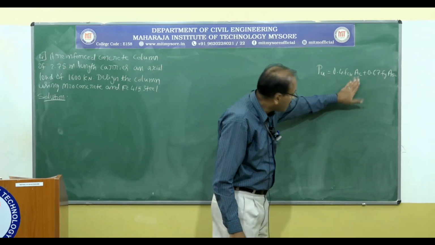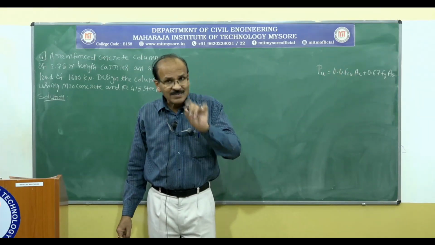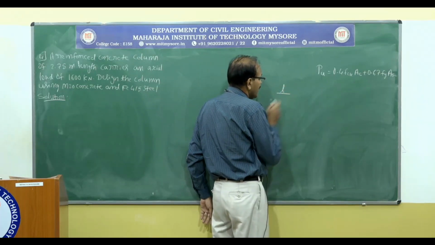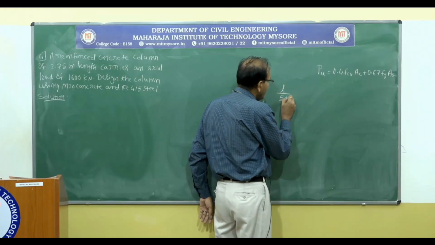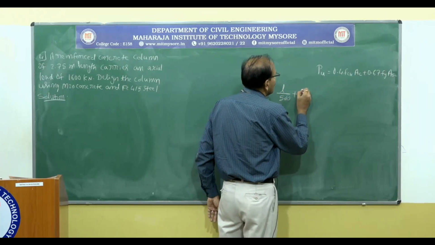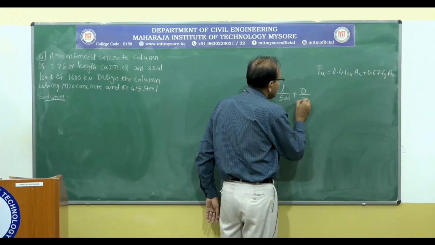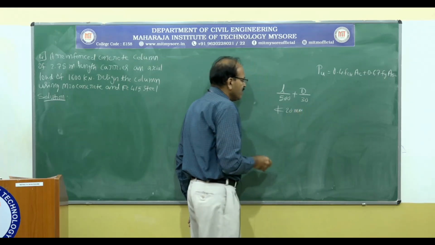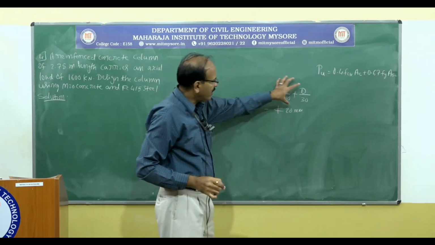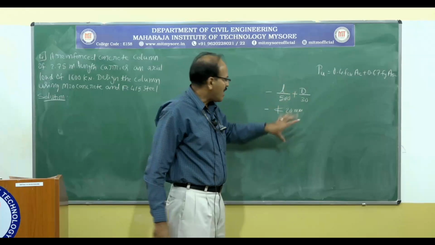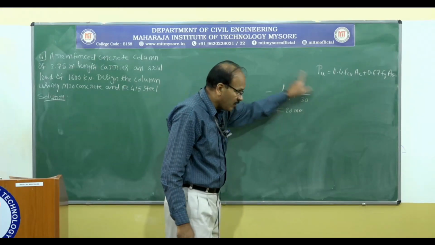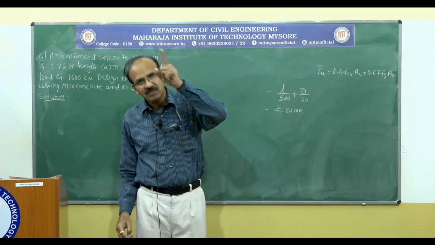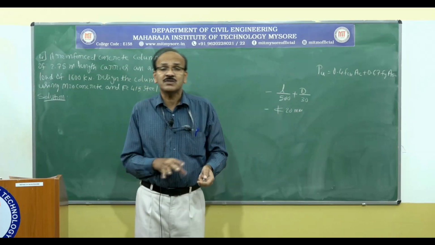To make use of this formula, first we are going to check for minimum eccentricity, that is unsupported length by 500 plus D divided by 30, and the eccentricity not less than 20 mm. That means we find out the eccentricity and compare this value with 20 mm, and take the higher of those two values as the minimum eccentricity, because the code says so.